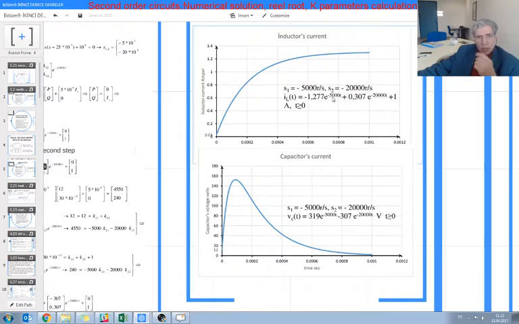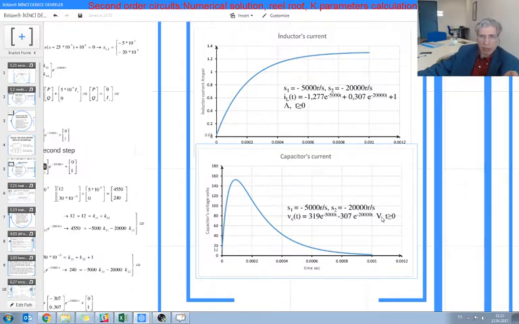You can check your graph is going to start from the initial condition of your inductor, which is 30 milliamp, and your capacitor voltage is going to start from the initial condition, which is 12 volts. For the inductor, I have got a particular solution, but in the capacitor, I do not have the particular solution, meaning the particular solution is equal to 0.